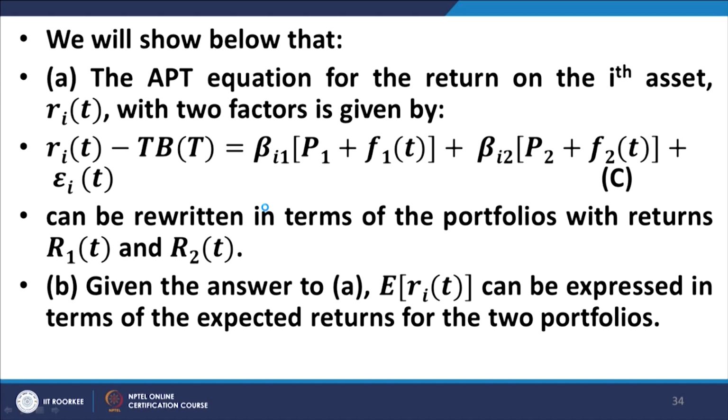And the second part that we are going to prove is that, given the proof above, the expected value of Rit can be expressed in terms of the expected returns on the two portfolios, that is E of capital R1t and E of capital R2t.